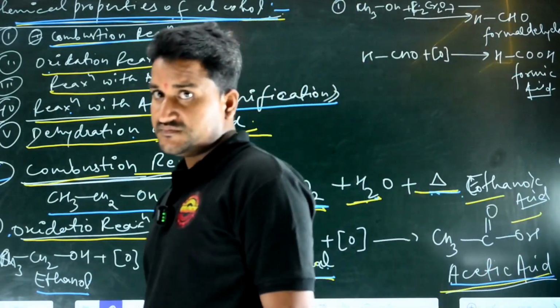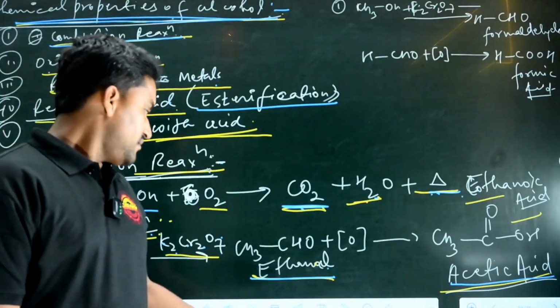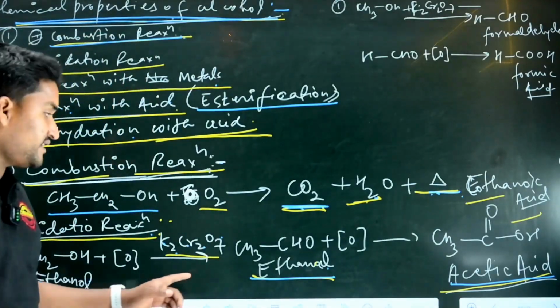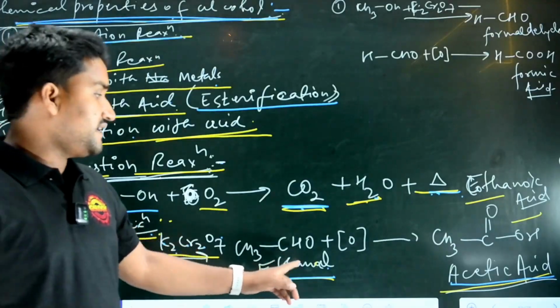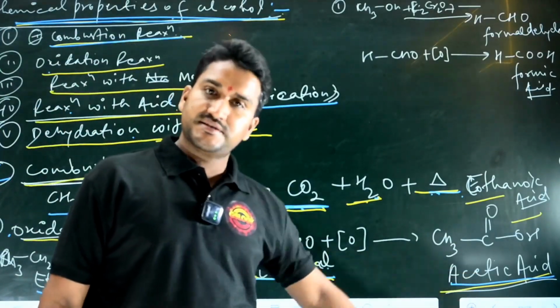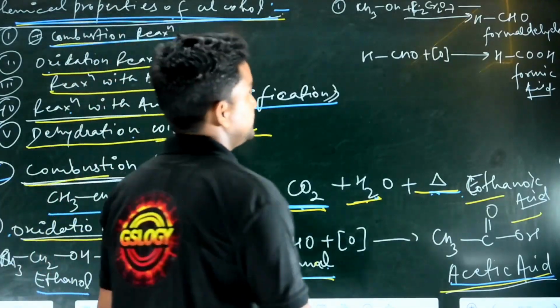Okay, clear? First ethanol is converted into ethanal, and ethanal is converted into acetic acid.